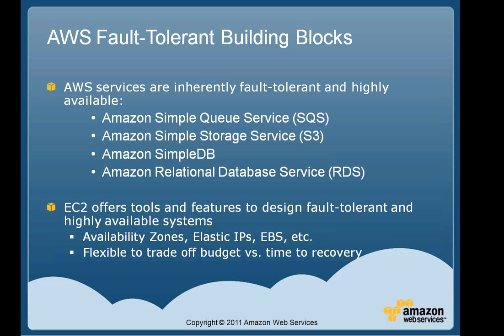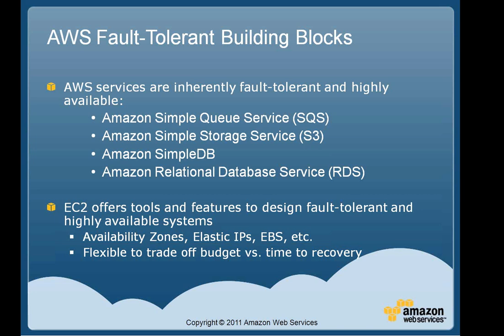The first thing we should talk about is the fact that some of the services in AWS you can think of as inherently fault tolerant and highly available, where fault tolerance and durability is engineered into the service at the base. So when you build applications using these services, you don't have to think in terms of engineering additional durability or fault tolerance on top of these basic services.